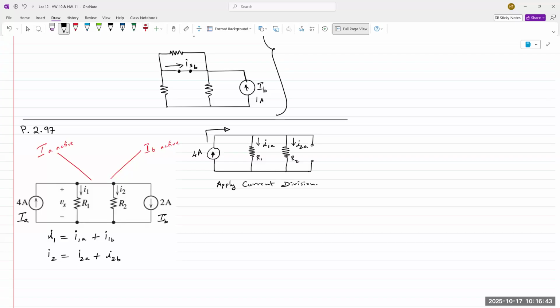And then for IB active, we have the same, except IA is now gone from the picture. It's deactivated and only the 2 amp current source is active.